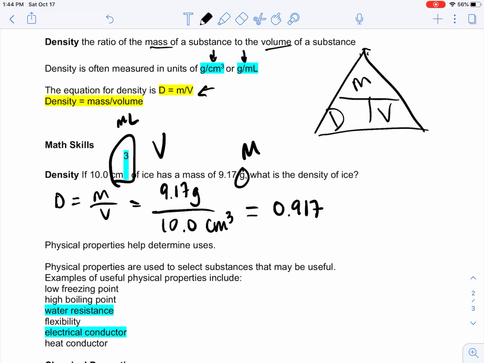What's tricky here is the label. Don't forget the label. You can write either one. This one was CM3, so you might want to put CM3, but you could put grams per milliliter. Either way, it doesn't matter. So your label is grams per milliliter. Very simple. Or grams per centimeter cubed. Each one of those works the exact same way.